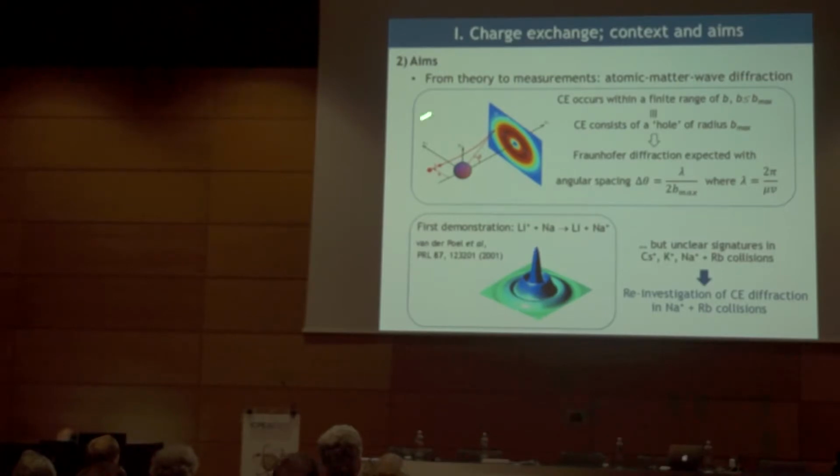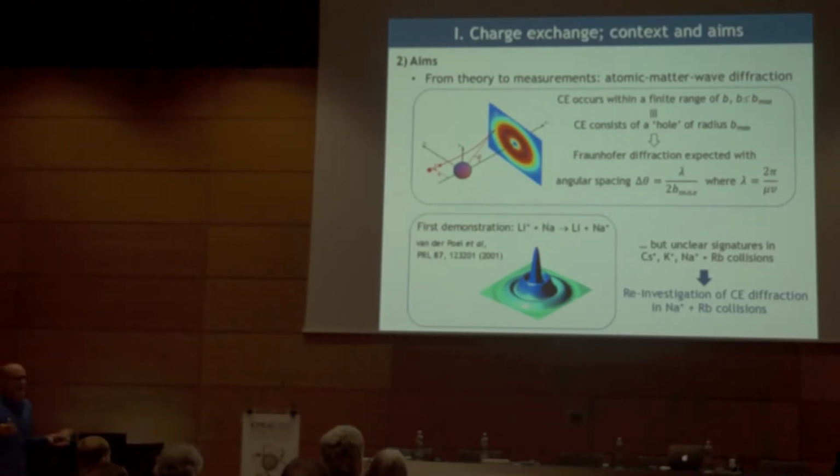And first, the passage from theory to measurement with the case of atomic matter wave diffraction patterns in charge exchange from non-oriented targets. Although I will present later on a detailed description of the charge exchange dynamics, we intuitively understand that charge exchange occurs provided the projectile passes quite close to the target.